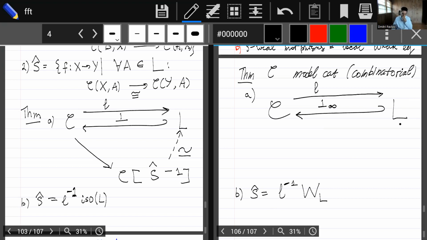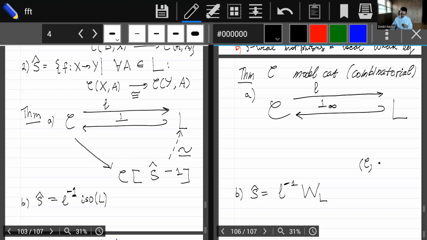And then, as before, we can form the appropriate category of fractions, which in this case amounts to enlarging the class of weak equivalences from the given weak equivalences in C to S hat.